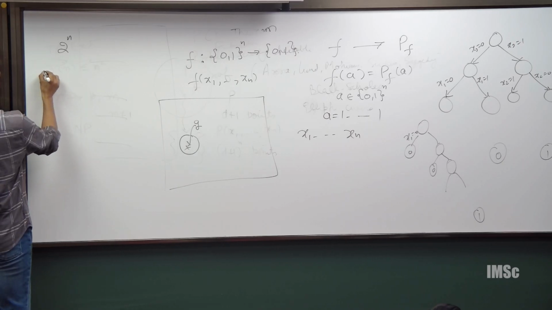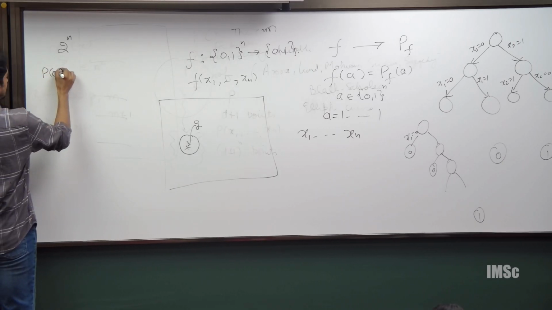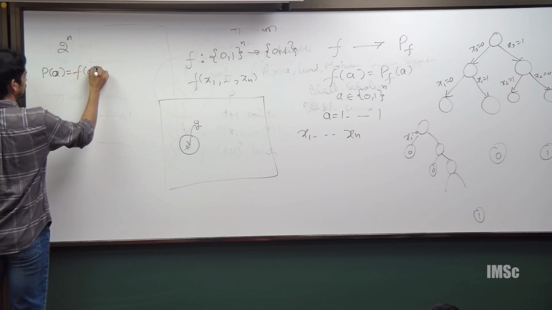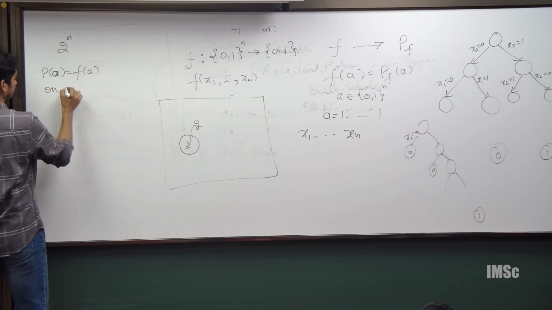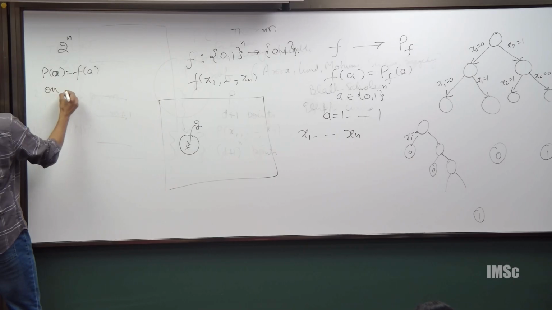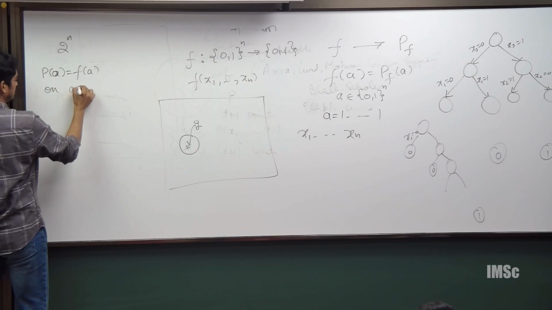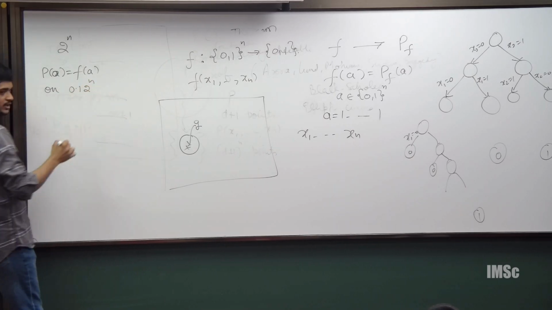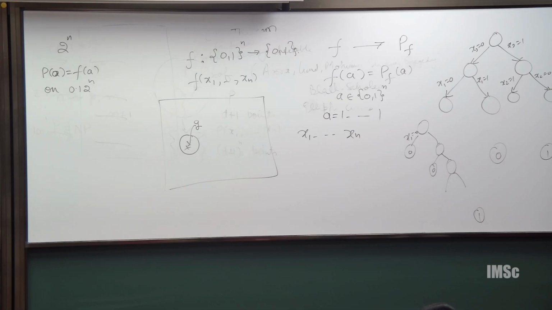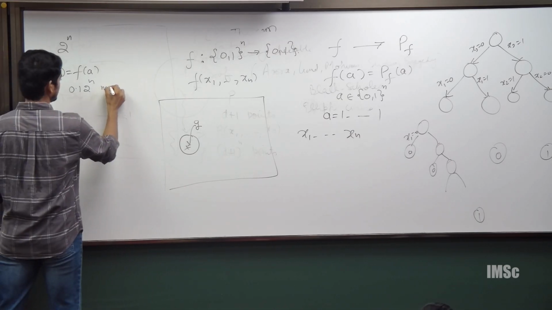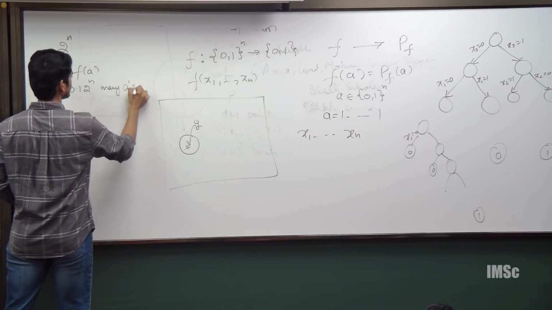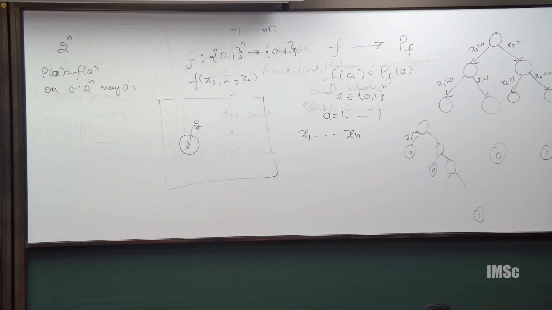So I will say P(A) should equal F(A) on, say, 0.1 times 2 to the n many A's. So instead of saying it has to be correct on all of them, it just has to be correct on most of them.